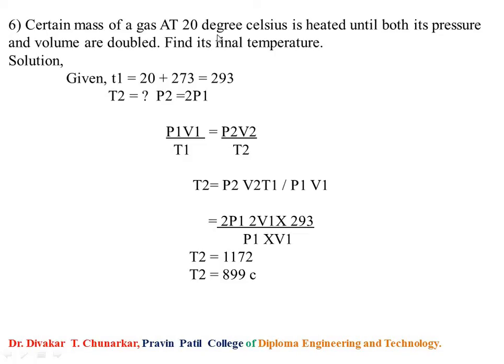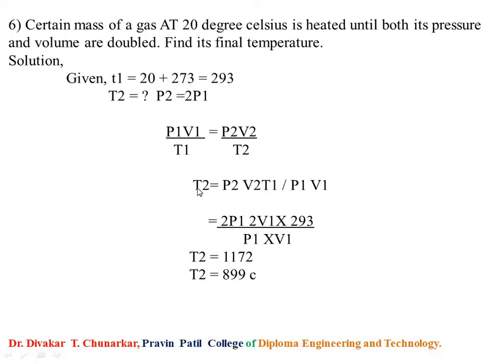So when we are given this type of numerical problem, a certain mass of gas at 20 degrees Celsius is heated until both its pressure and volume are doubled, find the temperature. So we get T1 equal to 20 plus 273, that is 293. T2 we have to find out, and P2 equal to 2P1. So this is our formula. P1 V1 upon T1 equal to P2 V2 upon T2.